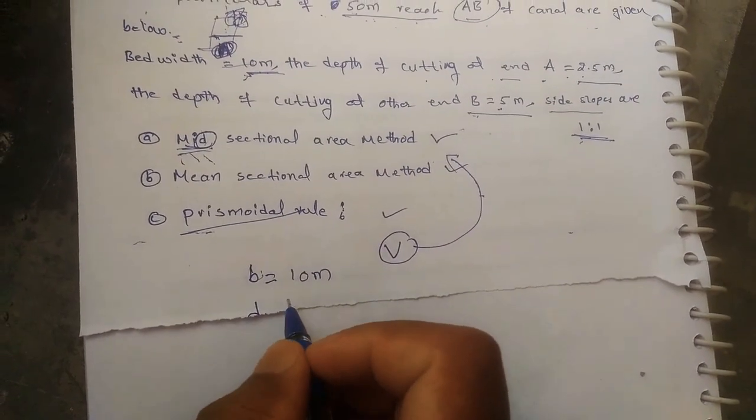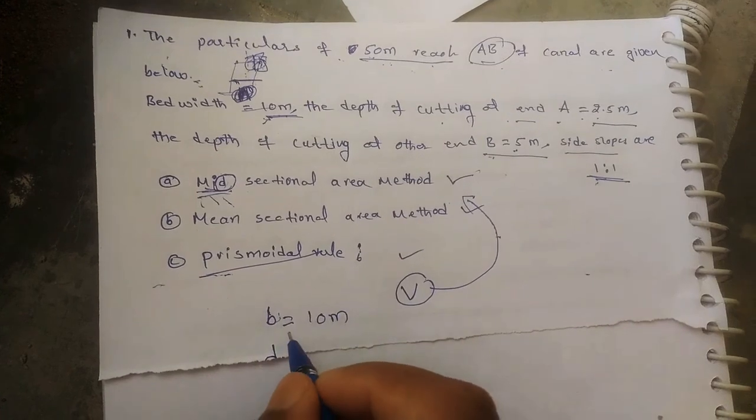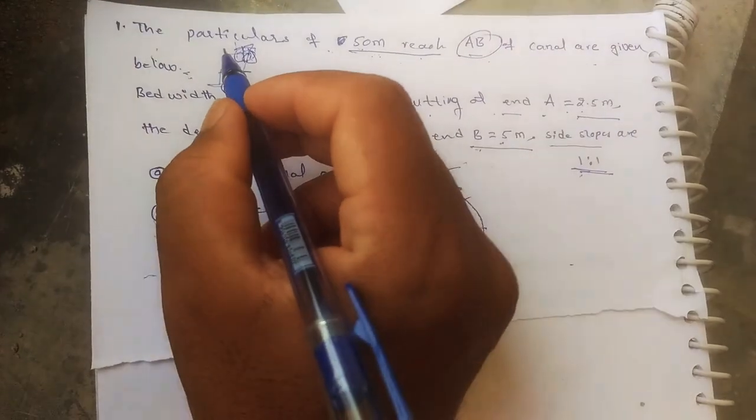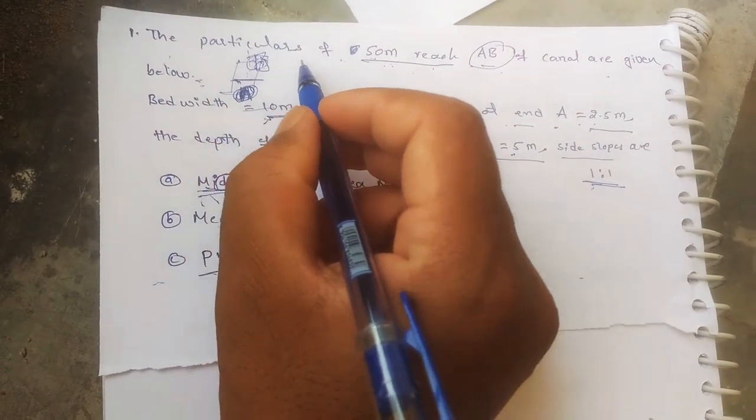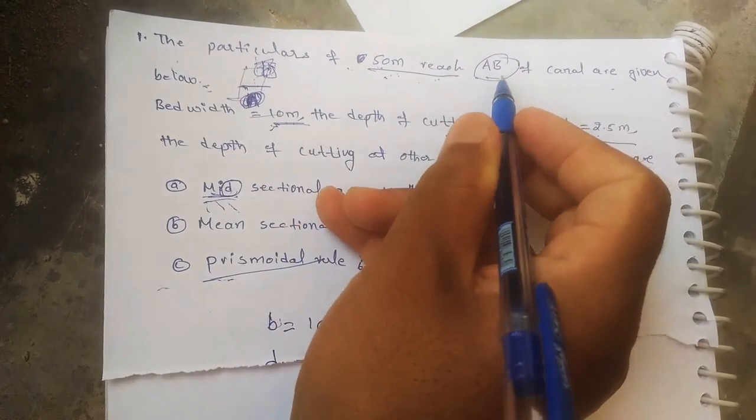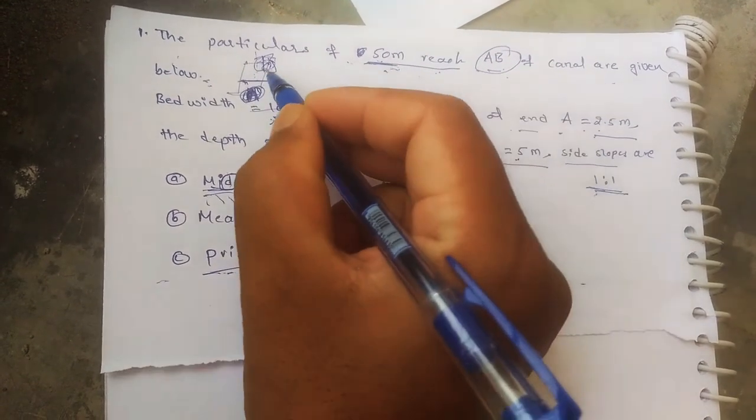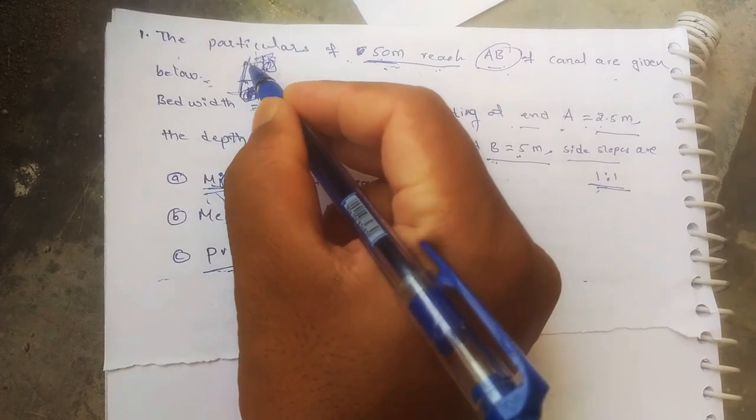For this, first of all we have to write what actually he has given. So write the given data first. For the particulars of 50-meter reach A and B, 50-meter reach means this canal length.